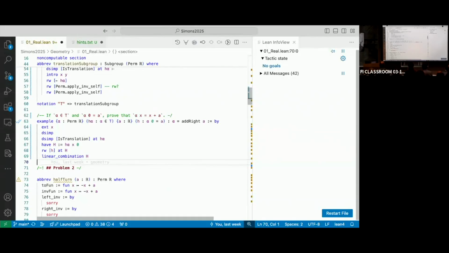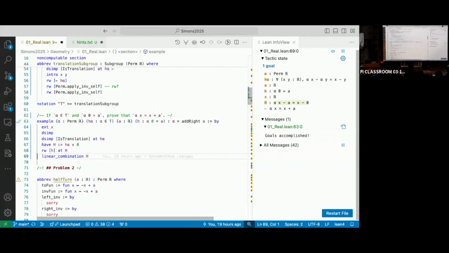So before I typed linear combination, I had a hypothesis, capital H, that alpha of X minus A is X minus 0.